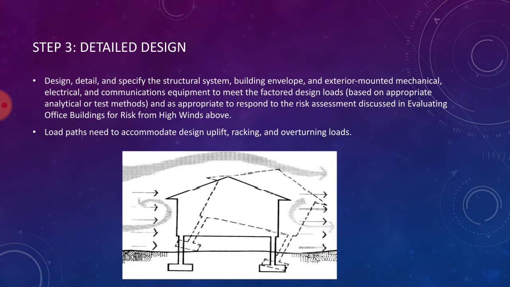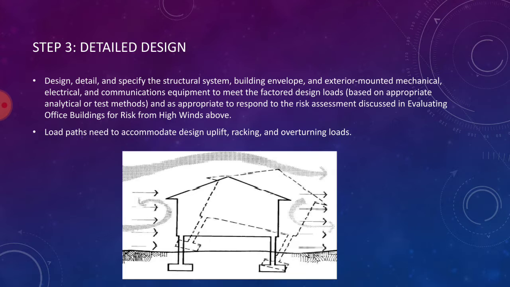Step 3, detail design. And this is pretty much the most important step in this whole process, because it incorporates almost everything. It incorporates all the decision making, the details and the specification of the structural system, and therefore it requires appropriate decision making in order to assess and discuss the building's risk from high winds.